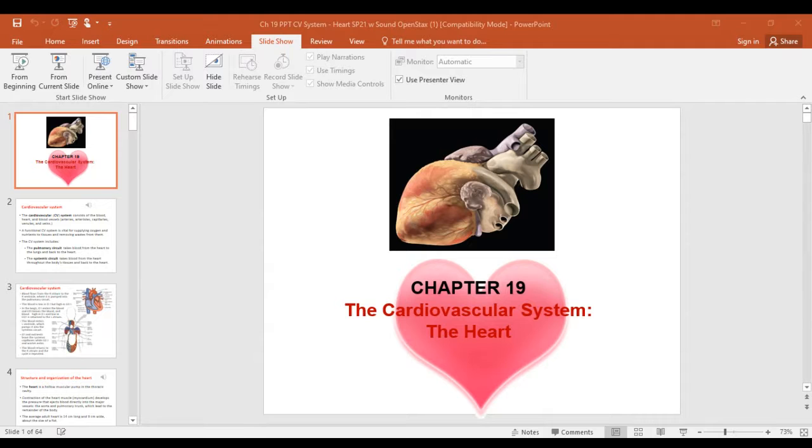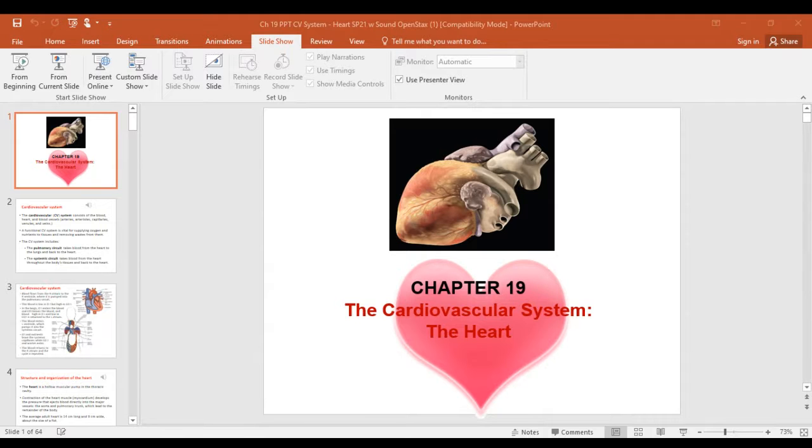These valves are called semilunar valves. Semilunar means half moon. Somebody, I guess, thought that the flaps of those valves look like half moons, so they call them semilunar valves. The right one is called the pulmonary valve because it keeps the blood from coming back out of the pulmonary artery.